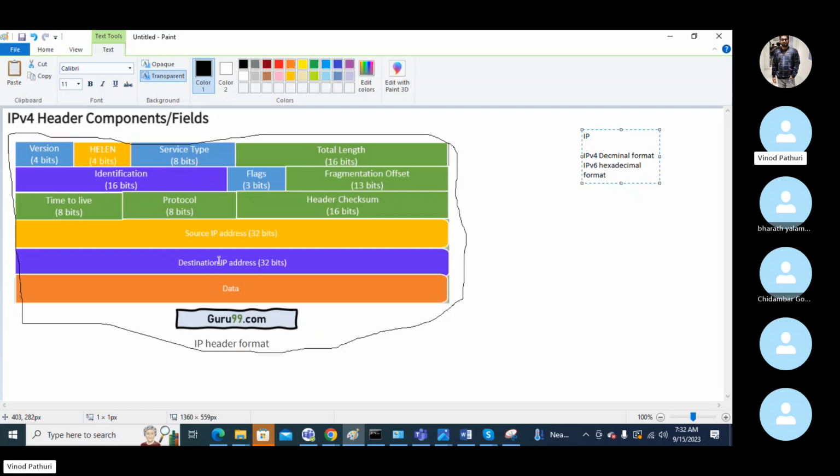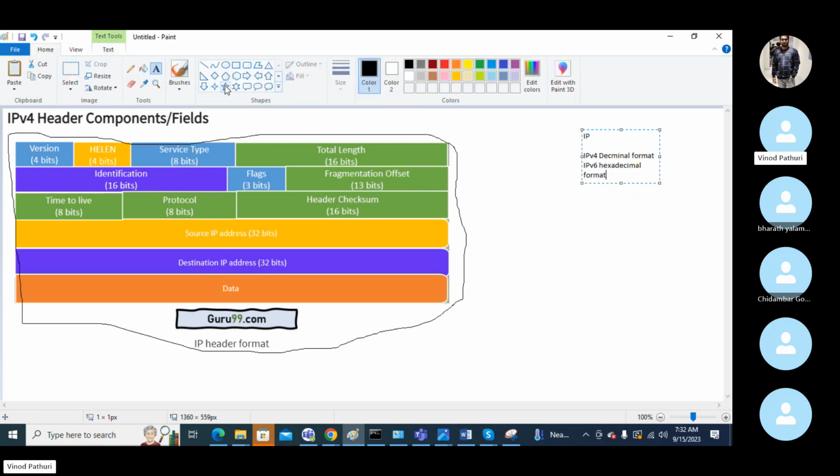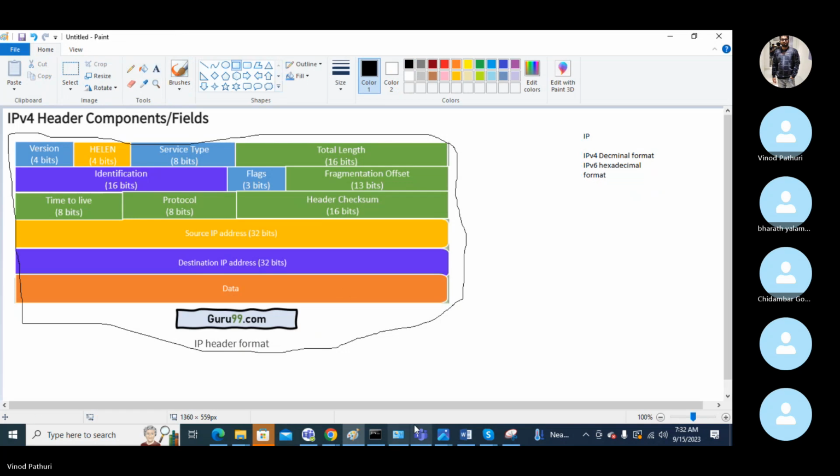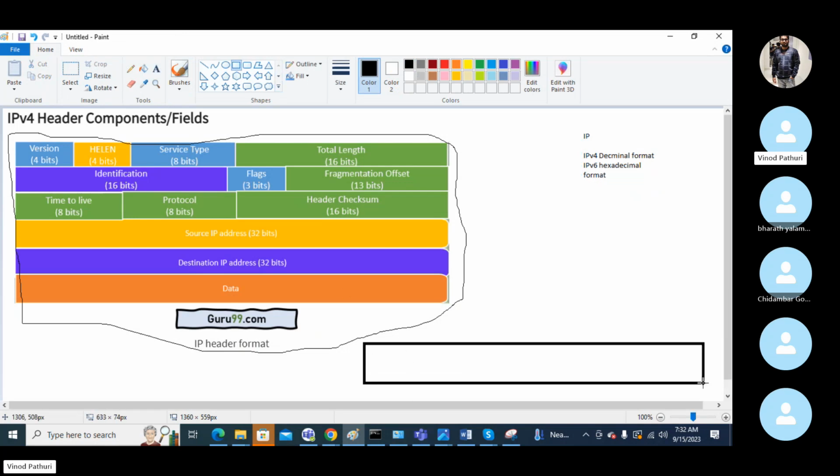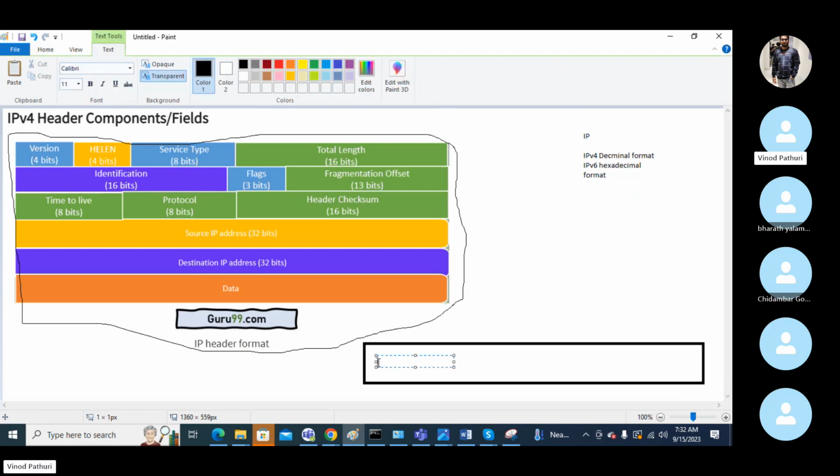Octet means 8, so 2 power 8, and in total an IP has 32 bits. I told you, we represent it in zeros and ones only, like 0 1 0 1 0 1 0 1. In total, 32 bits it will store.